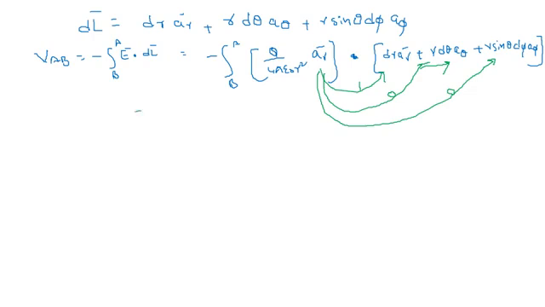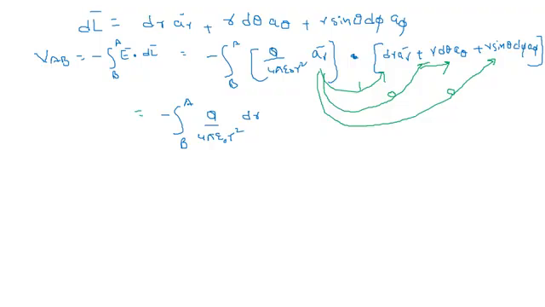The equation will become minus integration of b to a, q by 4 pi epsilon naught r square, and this AR dot dr will become 1, so hence there will be only dr. The rest of the parameters have vanished.